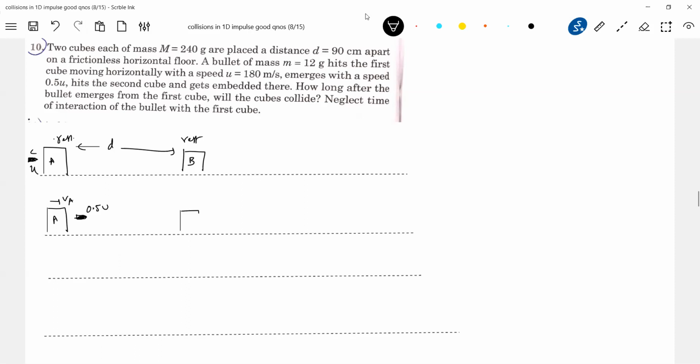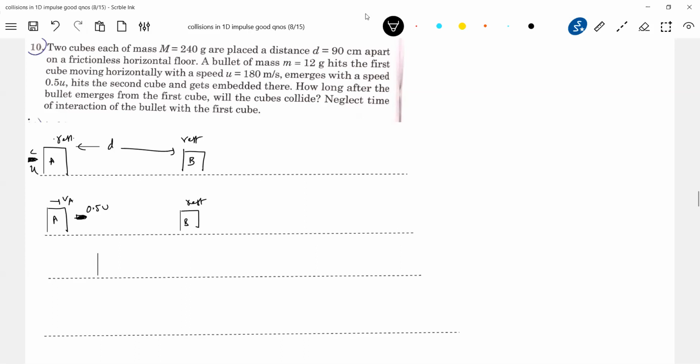At t equal to this, the bullet is at the start of this interval. Now as the bullet starts approaching block B, block A will have some displacement.